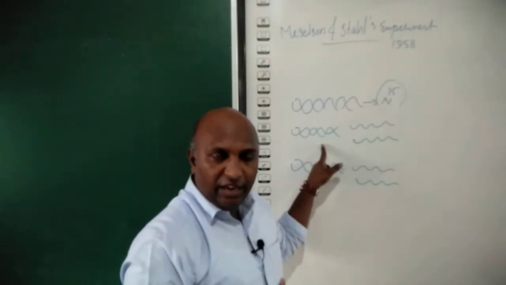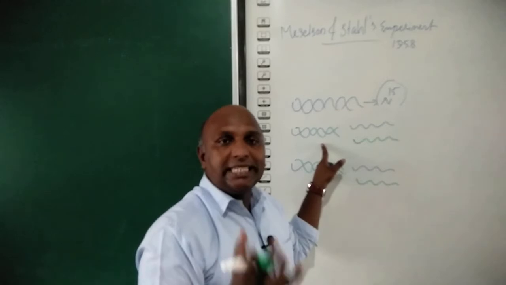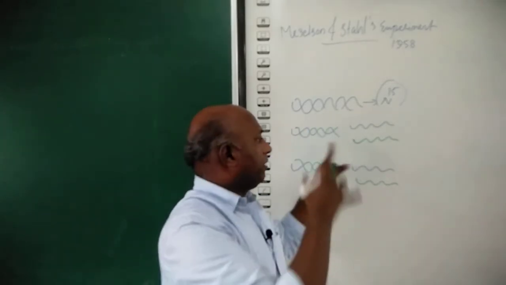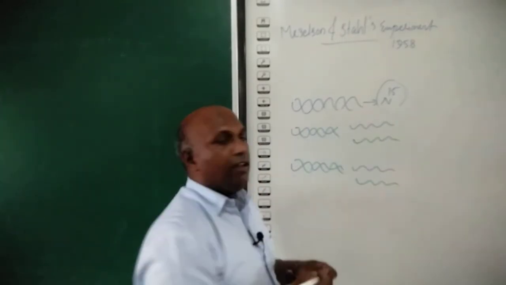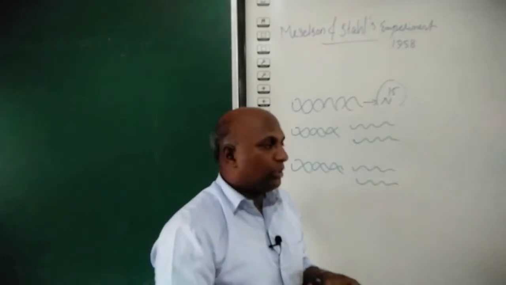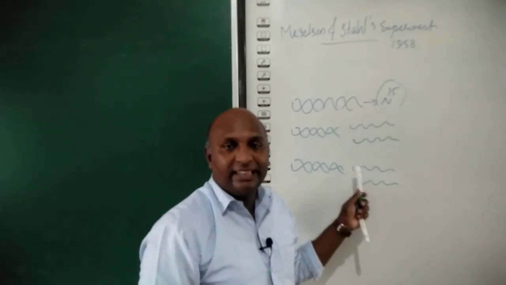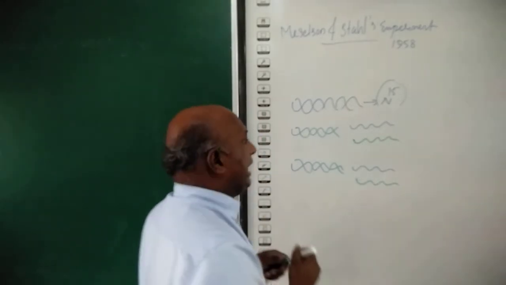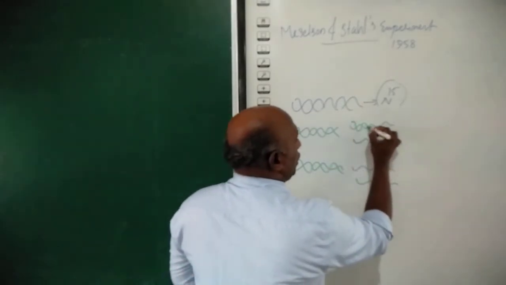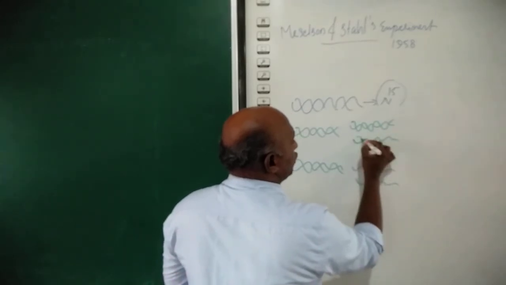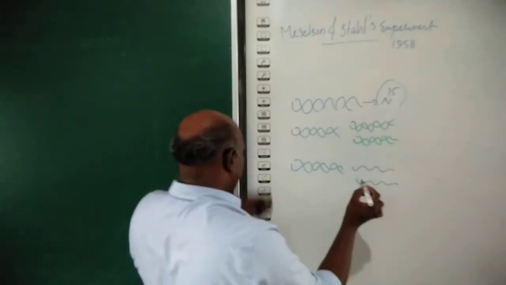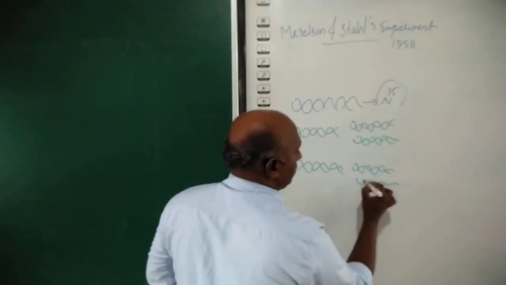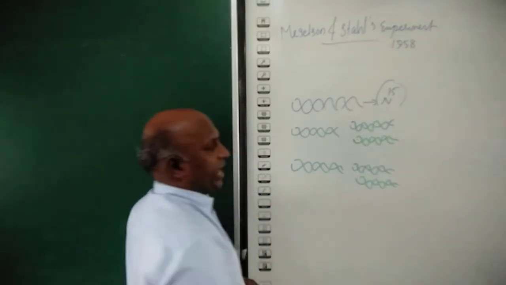Now it is in the N14 medium, and newly synthesized DNA strands came and joined with these. To show the newly synthesized strands, as long as it is in the N14 medium, I am using the green color. Here also a newly synthesized DNA strand came and joined, here also, and here also a new strand.